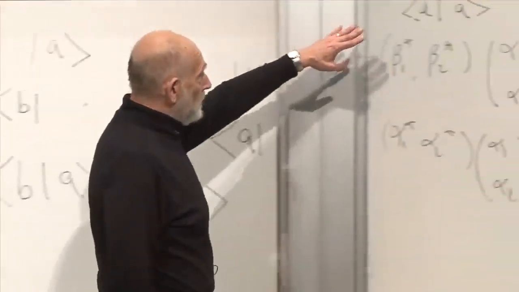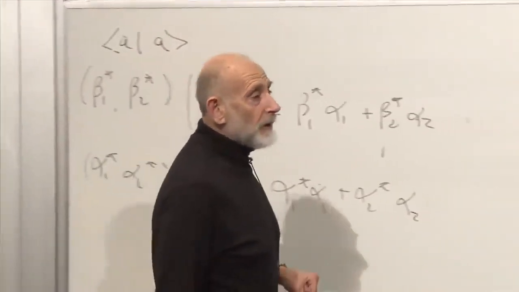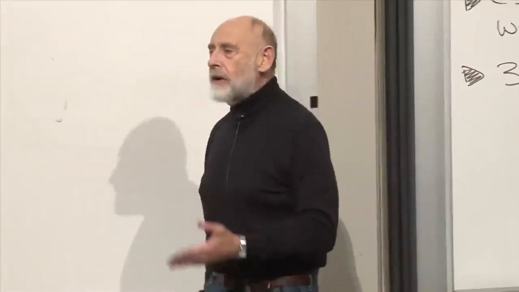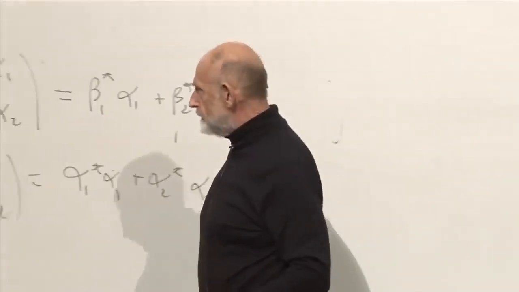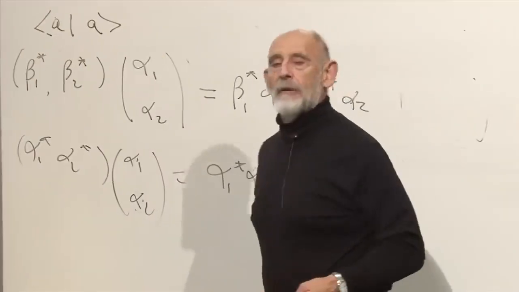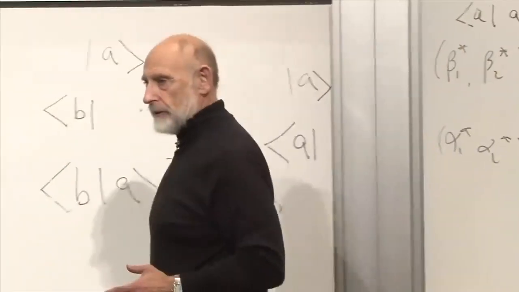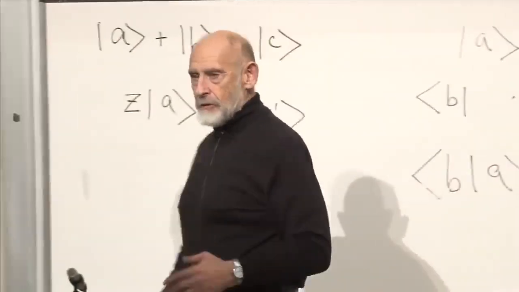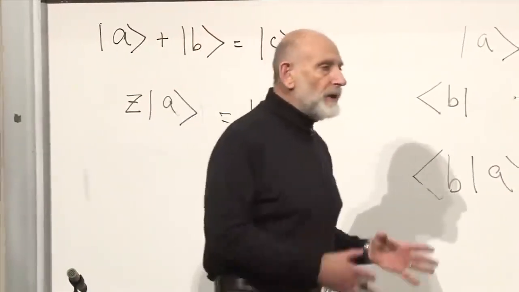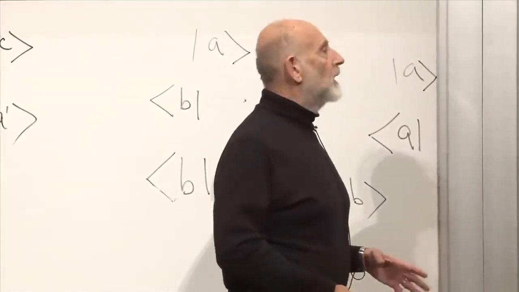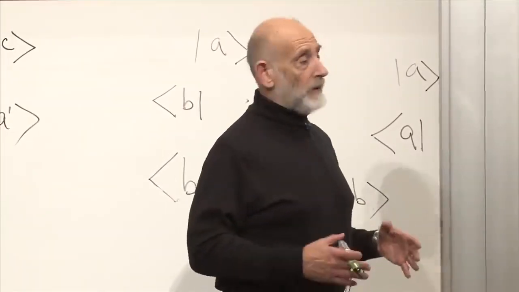The inner product of a vector with itself is real and positive, and it's considered to be the square of the length of the vector. The square root of the inner product of a vector with itself defines the length of the vector. So complex vectors have real, positive lengths.